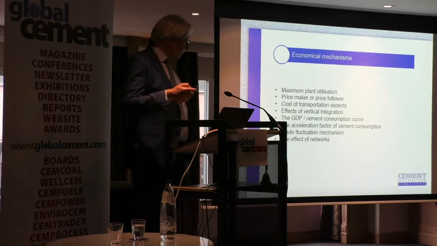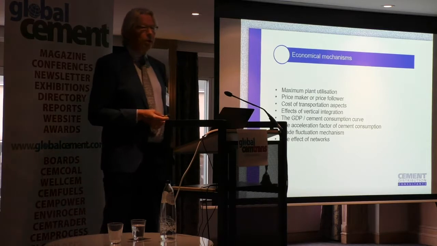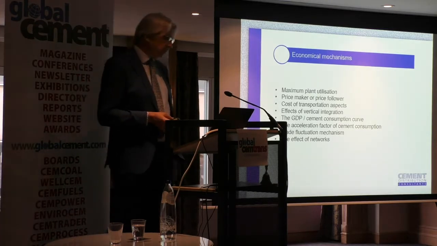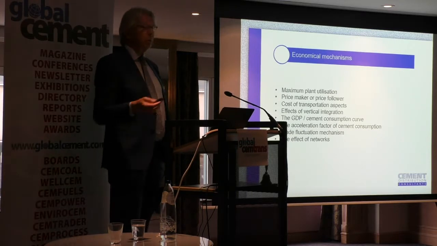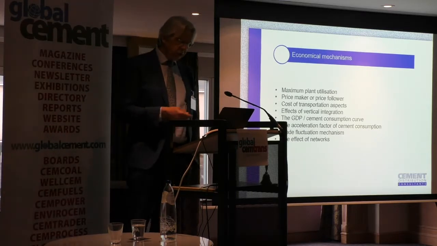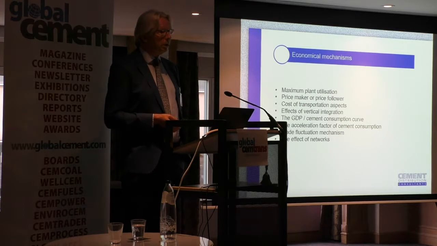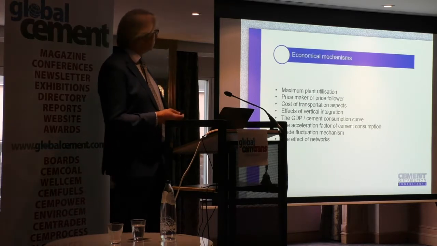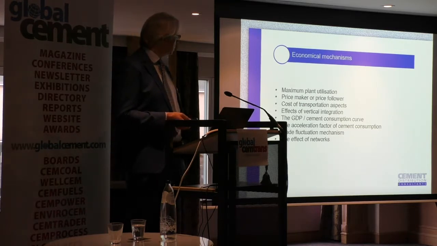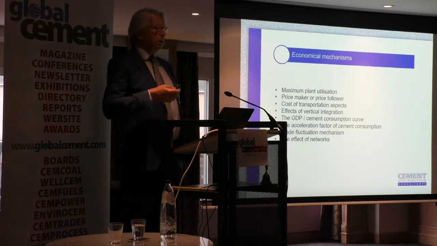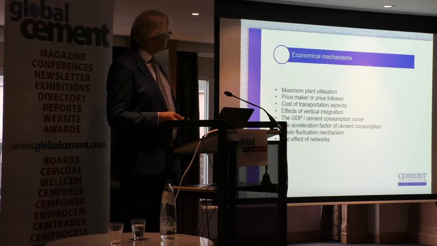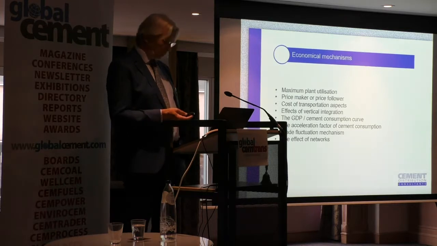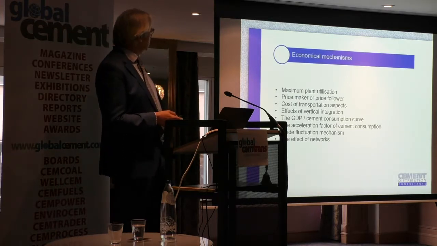Okay, on to the economical mechanisms behind cement. Cement trade distribution is not purely going around the profit that you can make on exports. The actual goal is to get plants into maximum utilization.